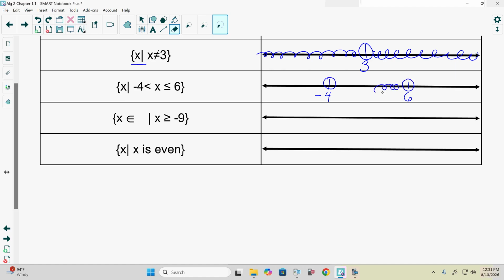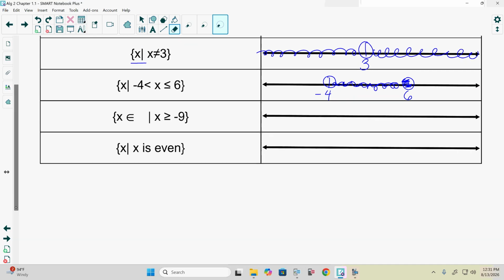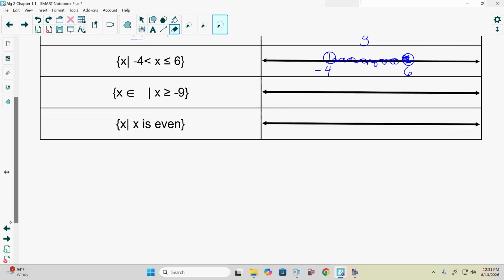And we are going to have everything in between, yes? Is -4 included? No, so it's going to stay open. Is 6 included? So we fill it in.